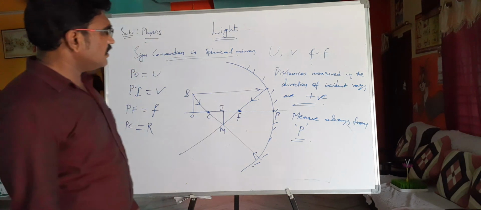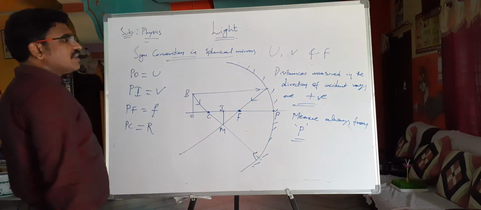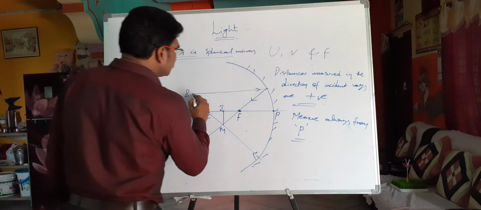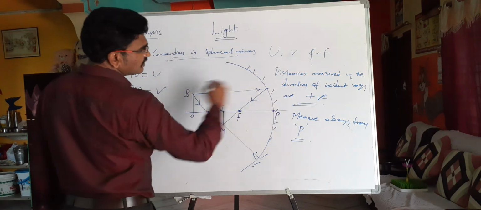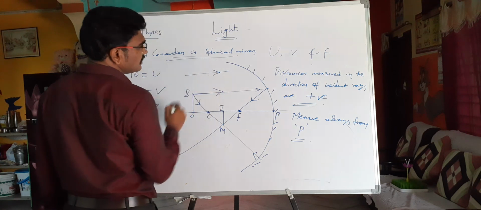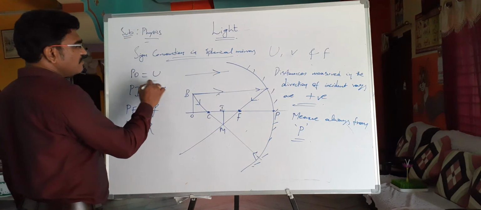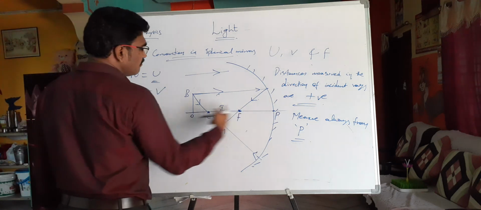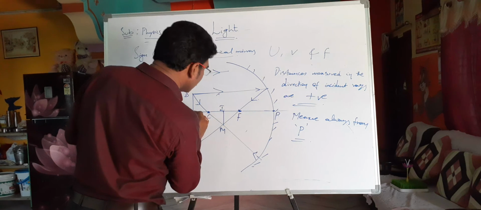Now I take PO. What is PO? Is it positive or negative? This is the direction of incident rays. The incident ray is moving in this direction. But how am I measuring this distance? I am starting from P, and PO means I started here and I am coming in this direction.